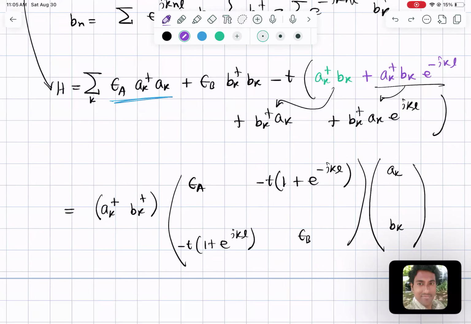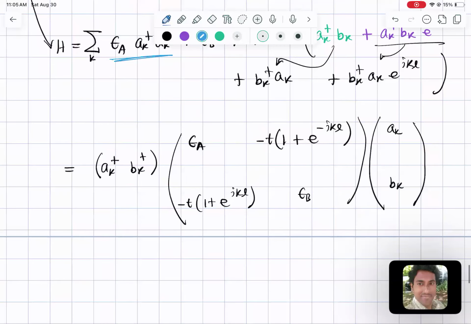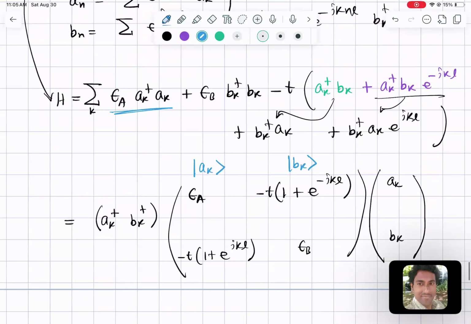Let me write down the column for this. I need a row index and a column index. Let me use the bracket notation for now. A_k, this is B_k. That's the column.